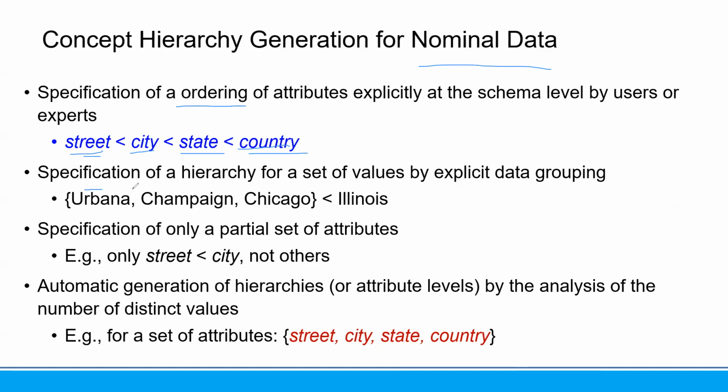The specification of a hierarchy for a set of values by explicit data grouping. For example, in America, if we have the state Illinois, then there will be some smaller cities like Chicago or Champaign and Urbana. And we may have only a partial set of attributes, meaning only street and city.